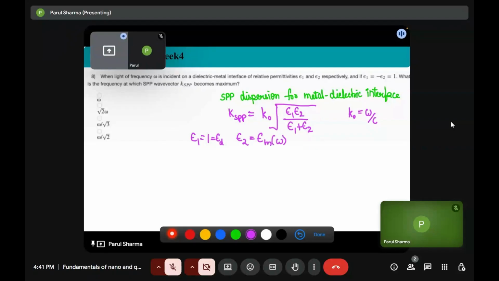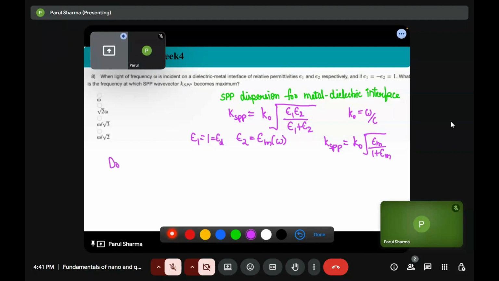So we can write K SPP in terms of epsilon m and 1 plus epsilon m.